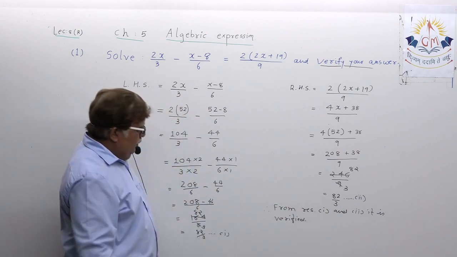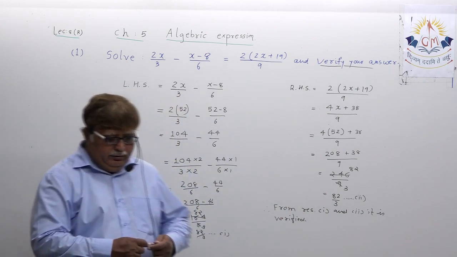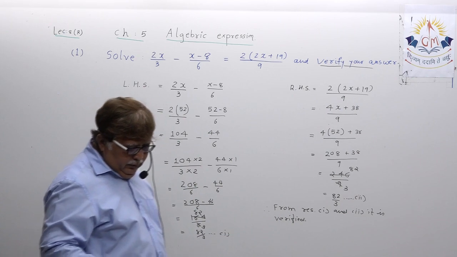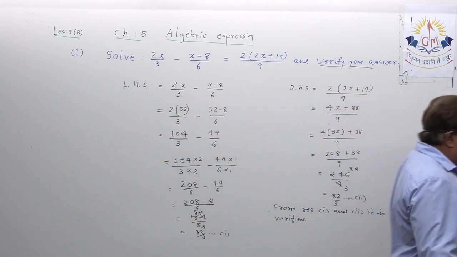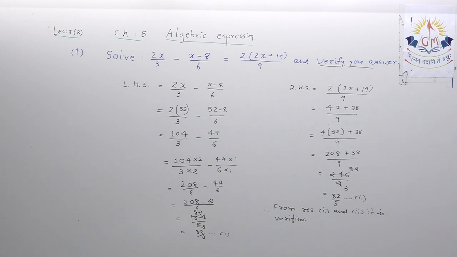Okay. Just look at the sum, dear student, before we go to solve one more difficult example of this type. First you just have a look at the sum. Okay. Then we will go for another example.